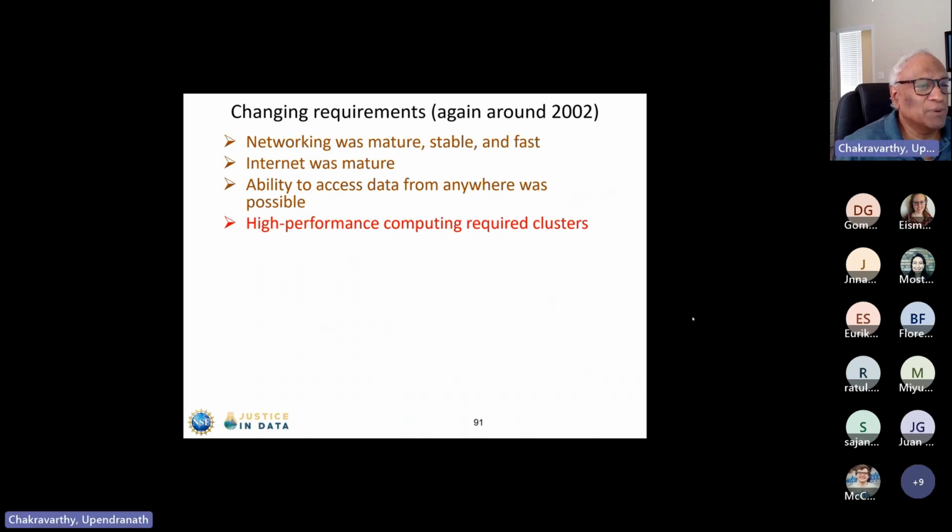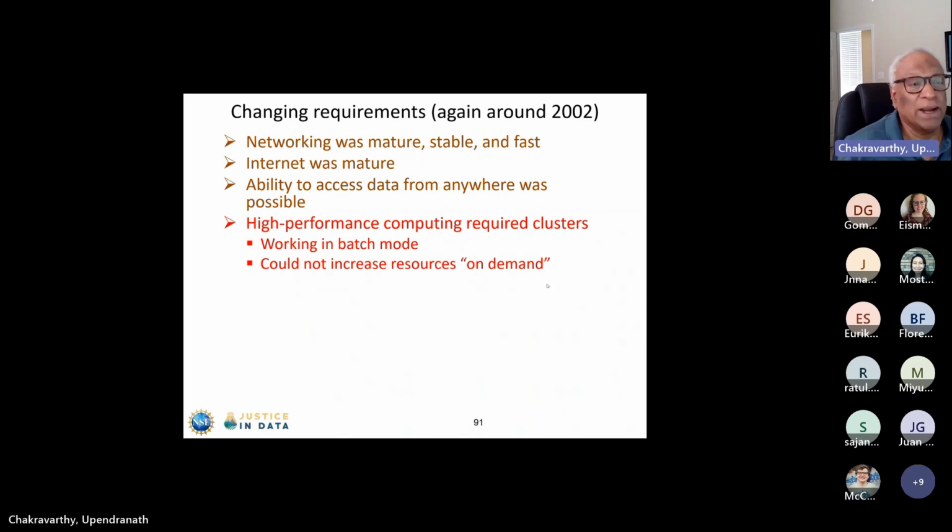High performance computing required clusters. That was also very expensive and difficult to maintain, and they worked in batch mode, not allowing access to resources on demand. If you needed more resources to process, you could not do that because you could not provide that on short notice.